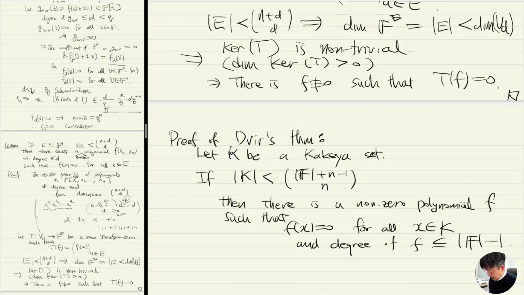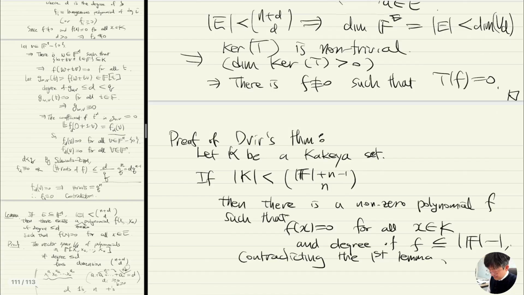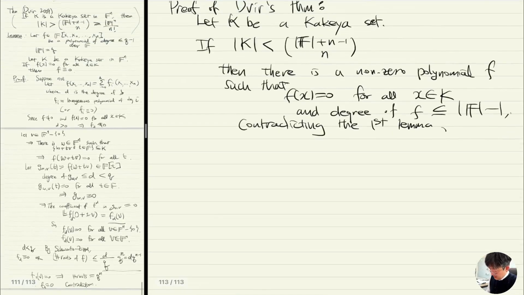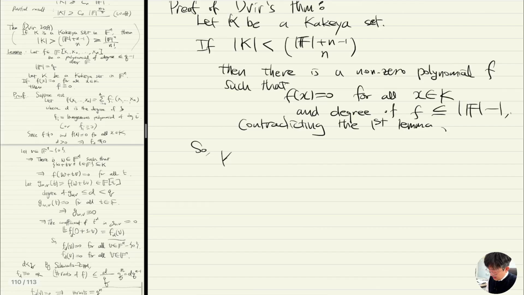But that's contradicting the first lemma. So the size of K is at least q plus n minus 1 choose n.